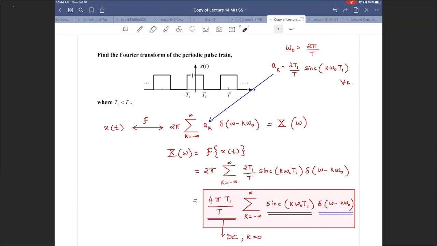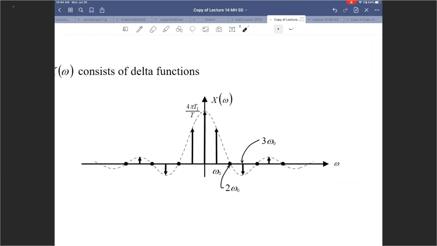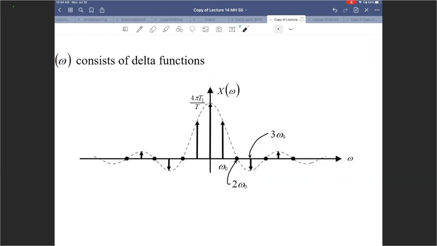So combining all of this, we can sketch the Fourier transform of x of t like that. The impulse that was present at omega equals 0, the weight of that impulse was 4 pi t1 divided by T. We saw that earlier. The overall Fourier transform had a sinc-shaped envelope. We saw that earlier.